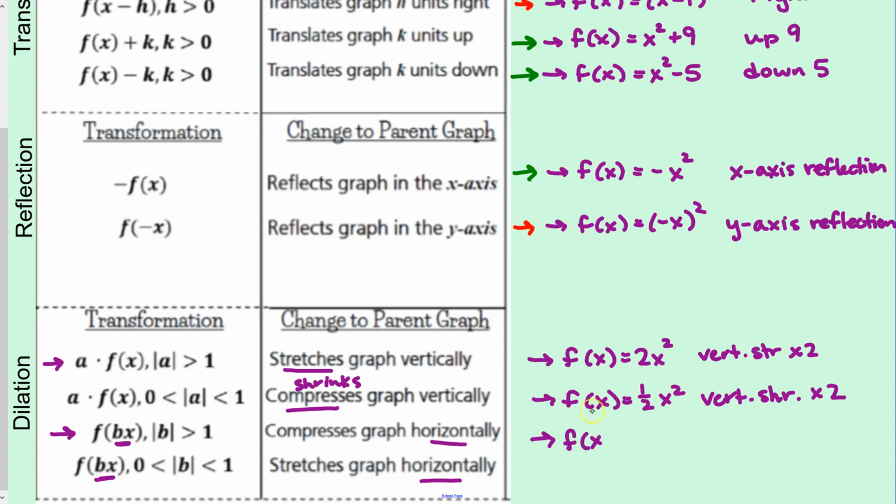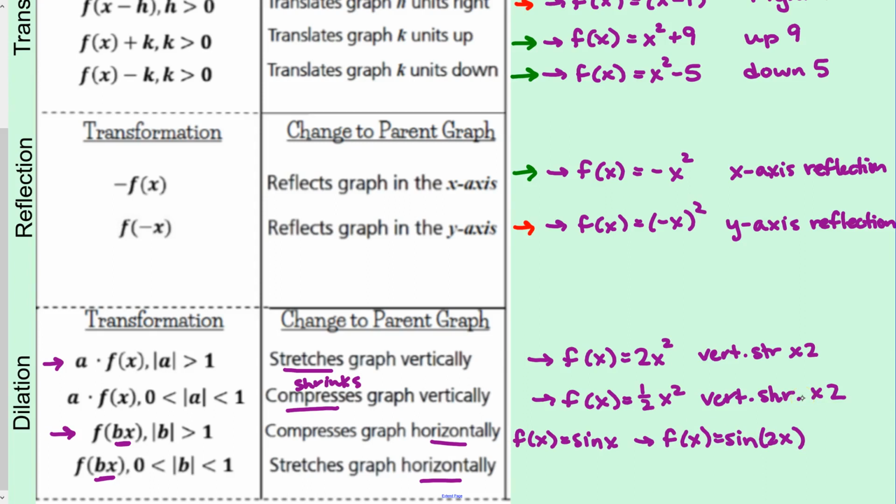I'm going to switch to a different example for this, and you might remember this from pre-calc if you had me. Suppose my function was f of x equals the sine of x, and I change it to f of x equals the sine of 2x. So the 2 is being multiplied inside the sine function.